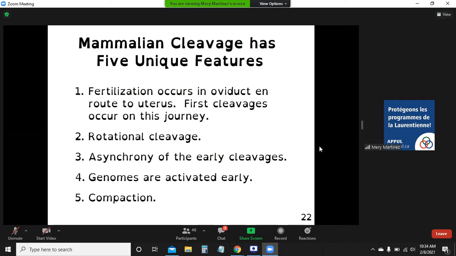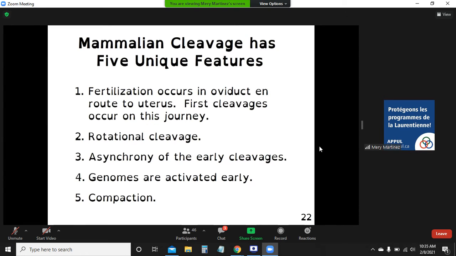So mammalian cleavage is very different. It has 5 unique features. Fertilization occurs in the oviduct en route to the uterus. First cleavages occur during that journey, so it's way harder to see them occurring. We have a rotational cleavage, very similar to what we saw in birds.